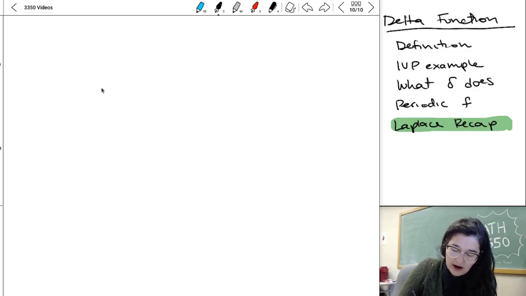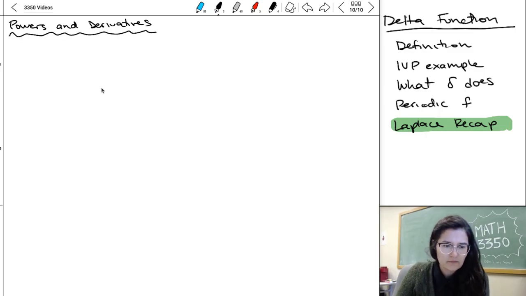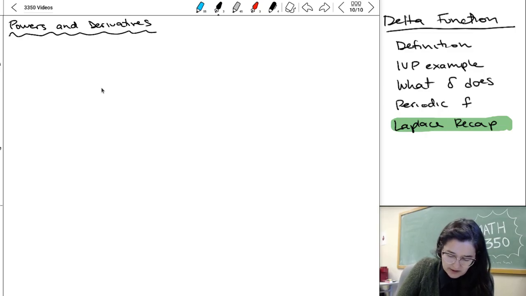We talked about powers and derivatives. So that was our L of t to the n f is minus 1 to the n, nth derivative of f.